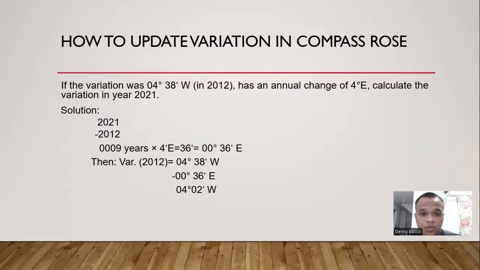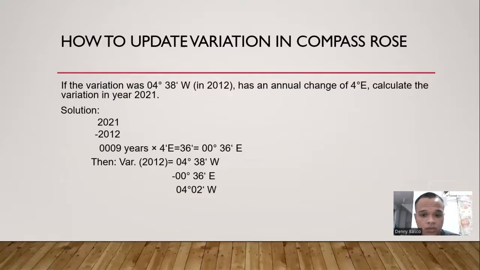Next is how to update variation in compass rose. In our example, the variation was 4 degrees and 38 minutes west in 2012 and has an annual change of 4 minutes east. Calculate the variation in year 2021. Here is our solution.